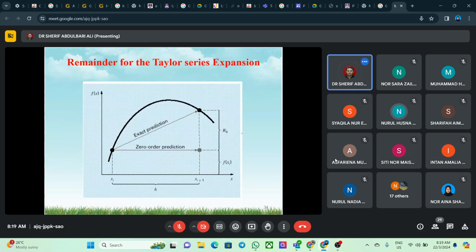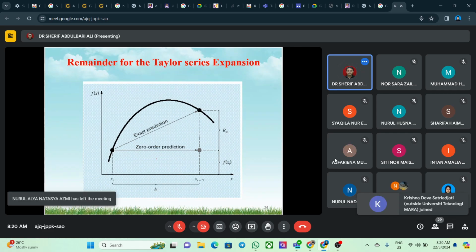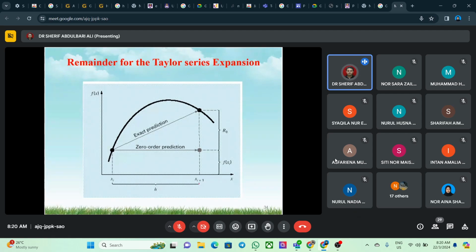Okay. So this slide is just explaining the remainder of the Taylor series expansion. It's showing you the prediction of the function from x to x plus 1, to get the value of the function at these points.